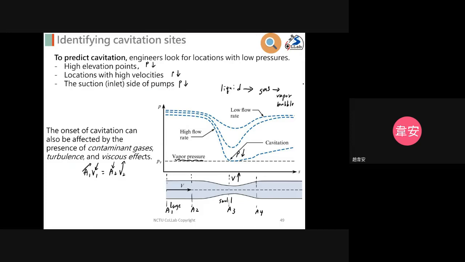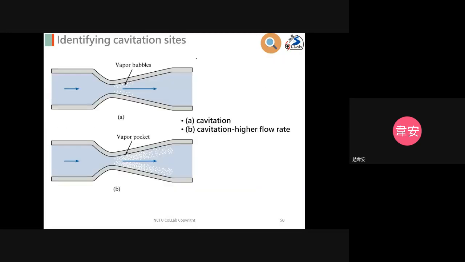So for this problem, when we design venturis, we will control the flow velocities across these small section areas, because if the velocity is too high, the pressure will be lower than the vapor pressure and result in vapor bubbles. So the velocity is limited for engineering problems.